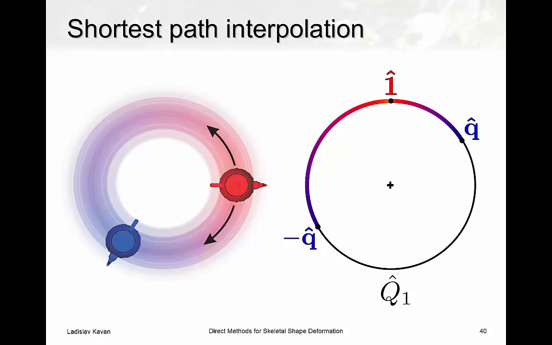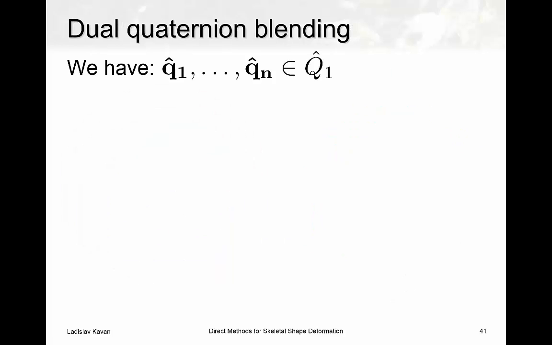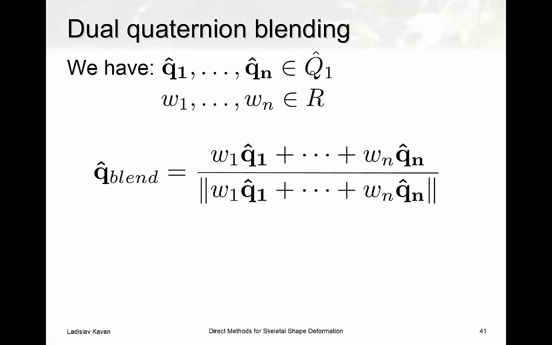So what you need to do is to pick the signs such that the angles are the small ones, not the big ones, which is easy because you just look at the dot product. If the dot product is negative, you flip the sign. Once you have fixed the signs, you take your blending coefficients. In skinning, those will be the weights, either provided by your riggers or from some algorithm that computes the weights for you.